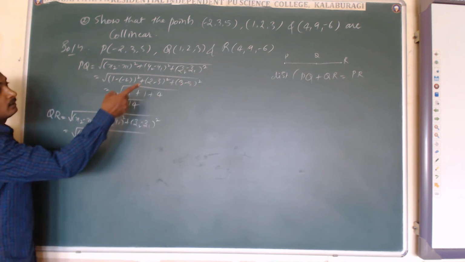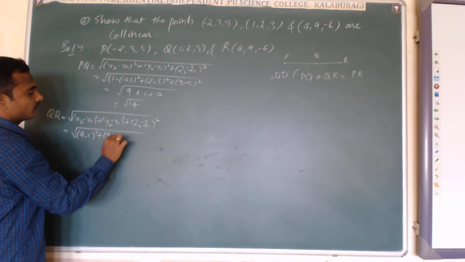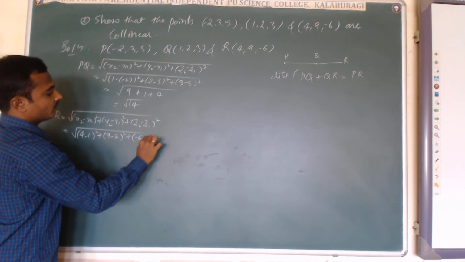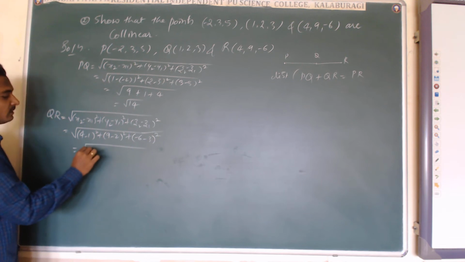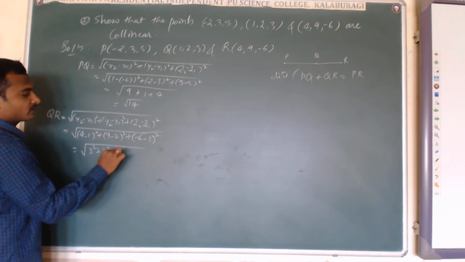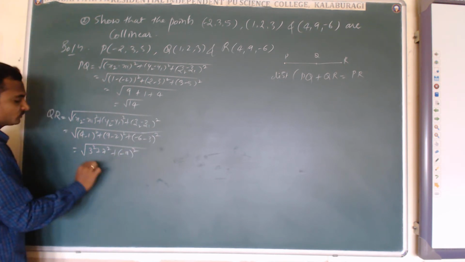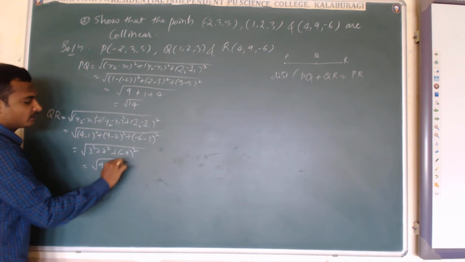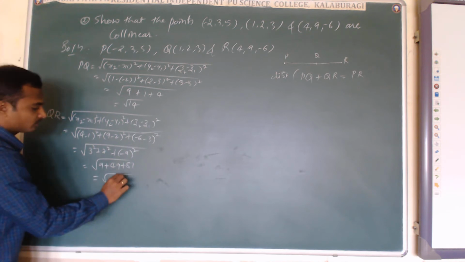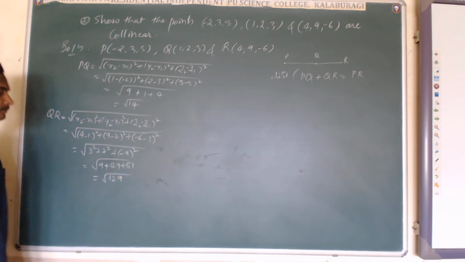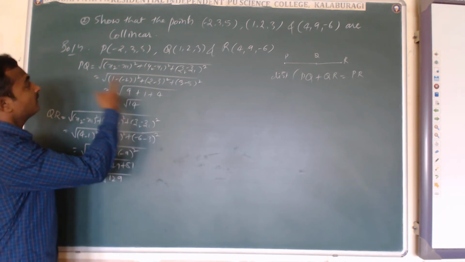So we get (4 minus 1) whole square, (9 minus 2) whole square, and (-6 minus 3) whole square. 4 minus 1 is 3, 3 square is 9, 9 minus 2 is 7, 7 square is 49, -6 minus 3 is -9, so -9 whole square is 81. So we get 9 plus 49 plus 81, which is 139.